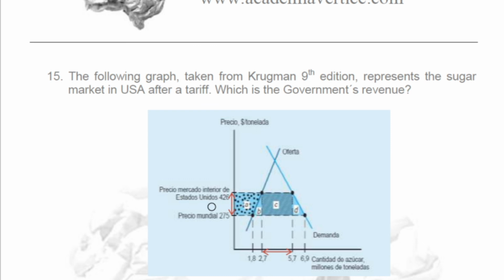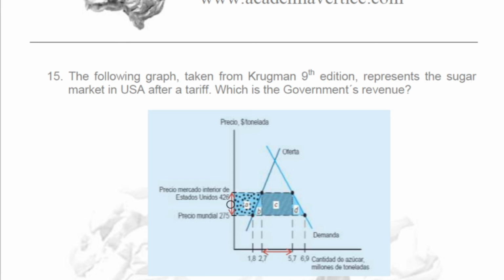The tariff is the difference in these prices. The graph is the same as for import quota, but now the government doesn't restrict imports to 3 units.